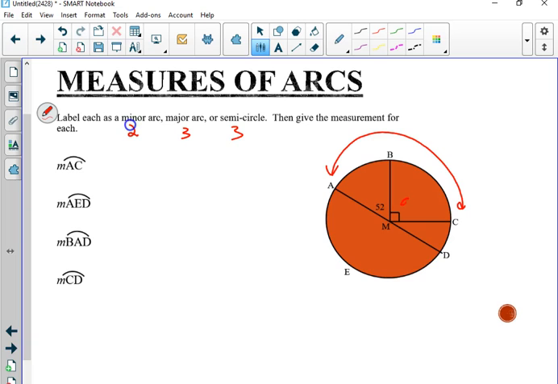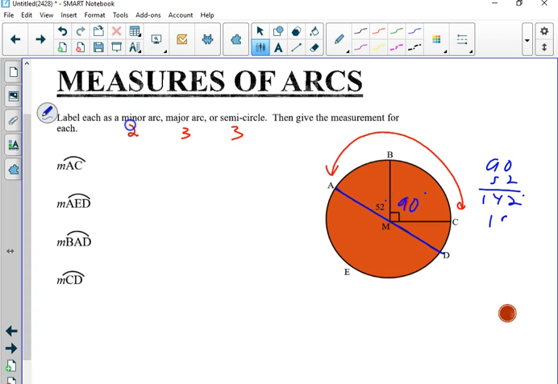So we've got to do a little math here. And red's not going to work. I'll go with blue. So we know this is 90 degrees. We know we have 52 right here. We know we have a straight line right here. Therefore, this missing area down here, we add 90 plus 52, we get 142 degrees.